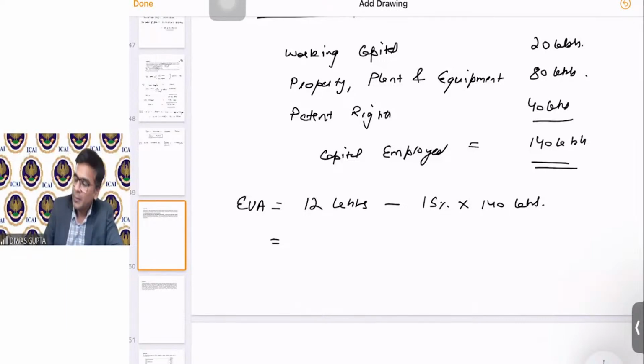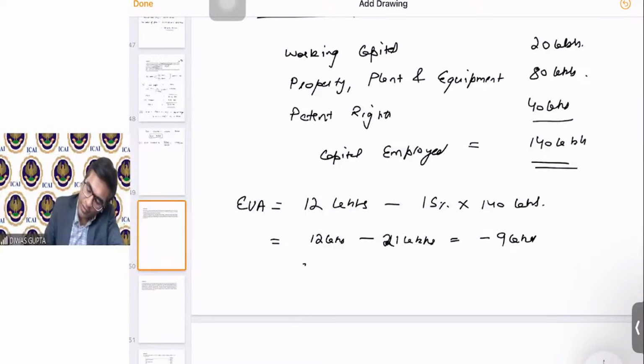So 12 lakhs minus 140 into 0.15, that is minus 9 lakhs. So this is the first question, students, till now, where we have got the EVA as negative.